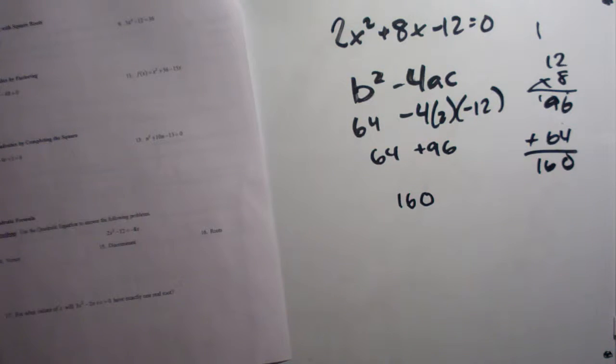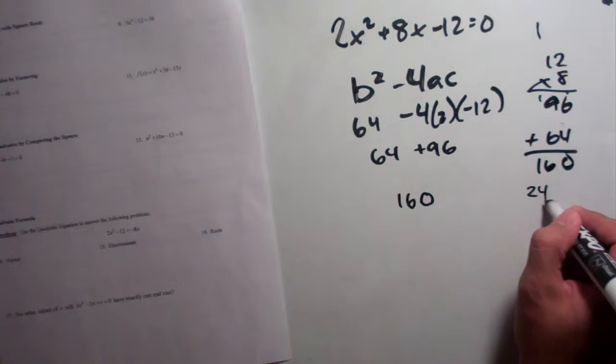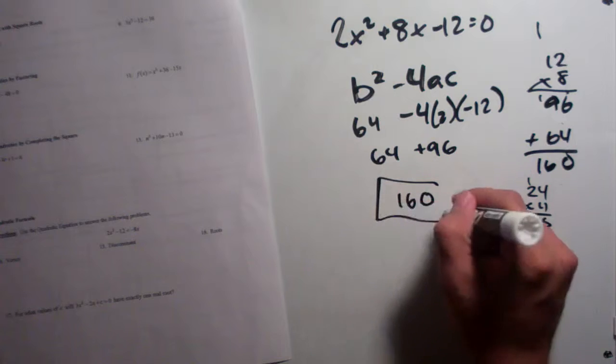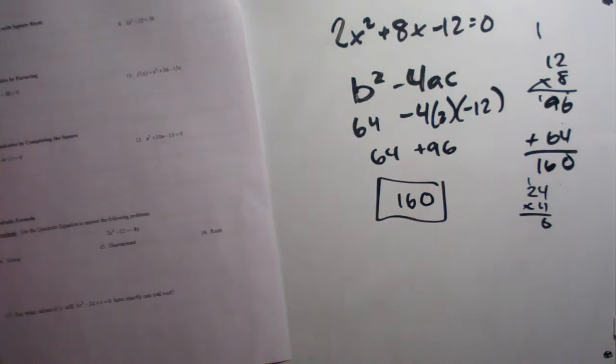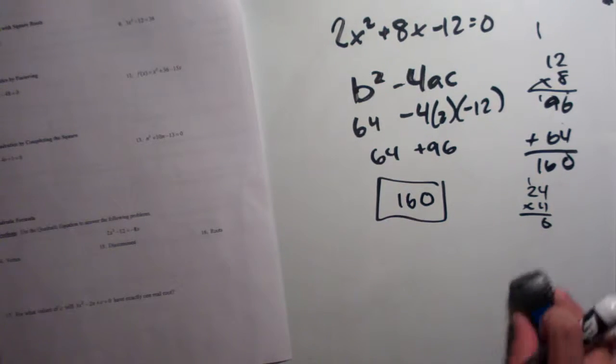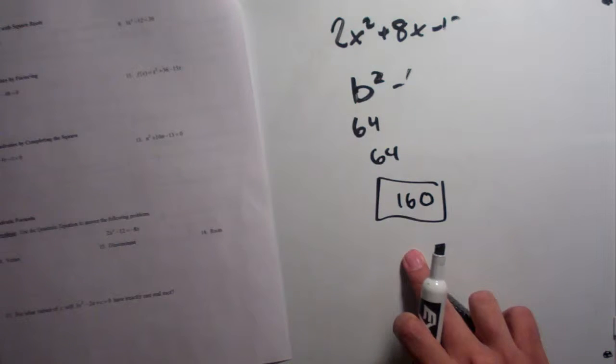But I think that we've computed everything correctly. Okay, yeah, so it should be 160. It's just kind of an odd number because this is not a rational square root. But all in all, let's remember that b squared minus 4ac is 160.